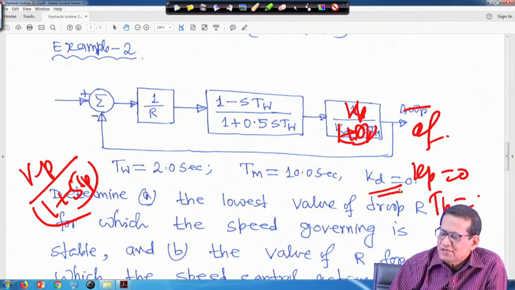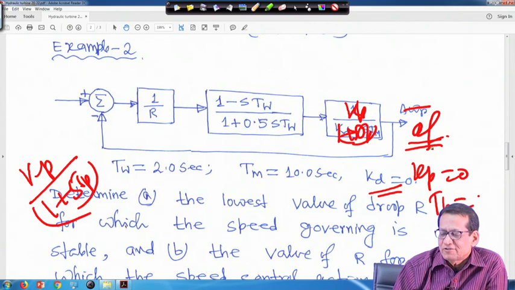But otherwise, if you take Kp upon 1 plus sTp, absolutely no problem, but at that time it will be delta F. So, the results and whatever you will get, the philosophy will remain the same, right.